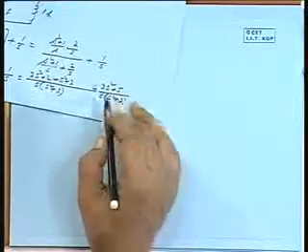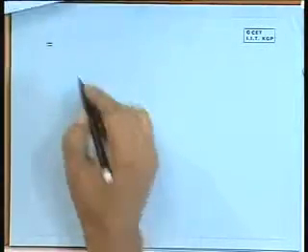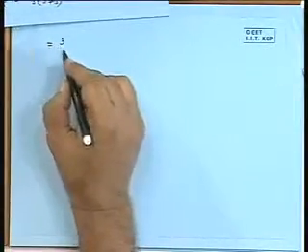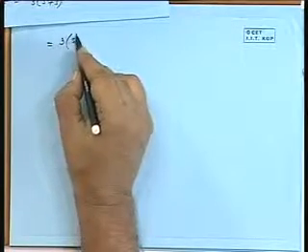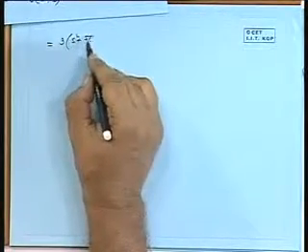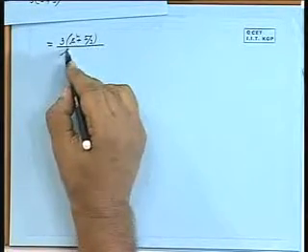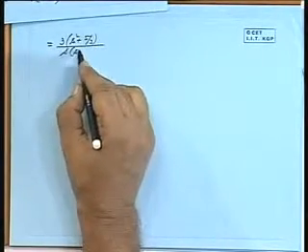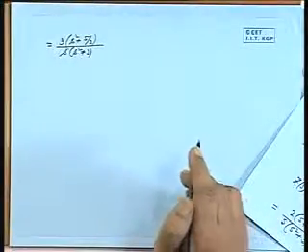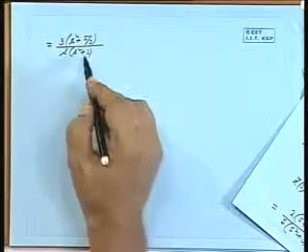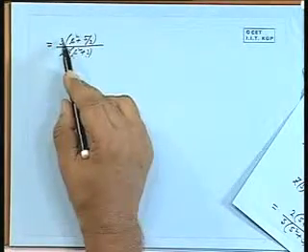I can write 3 into (s squared plus 5 by 3) divided by s into (s squared plus 3). Now you see how many elements are there? 1, 2, 3.